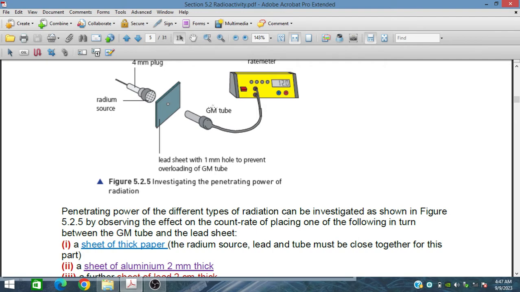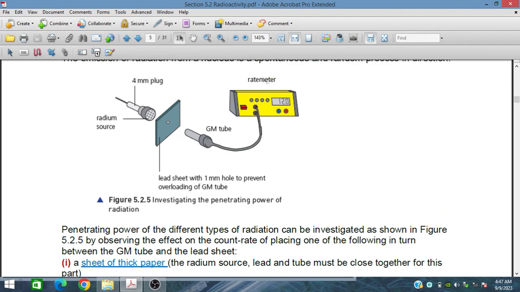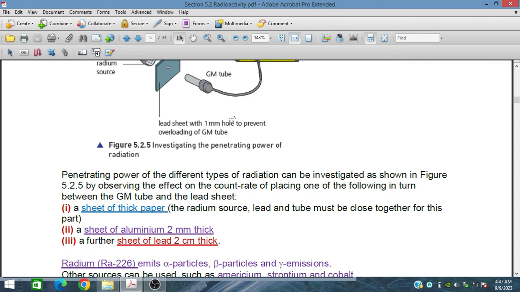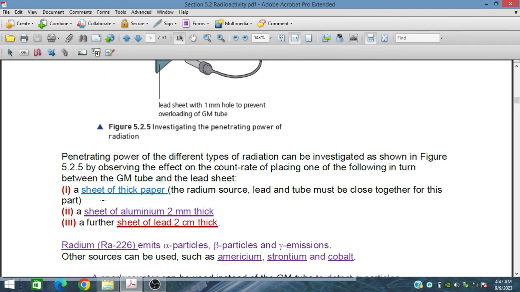This is the lead sheet and this is the GM tube. The radiation coming from the source reaches the GM tube and is observed on the rate meter.